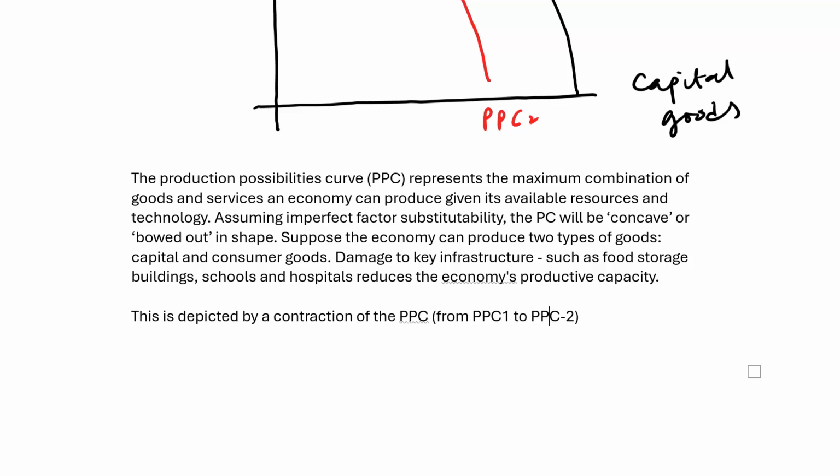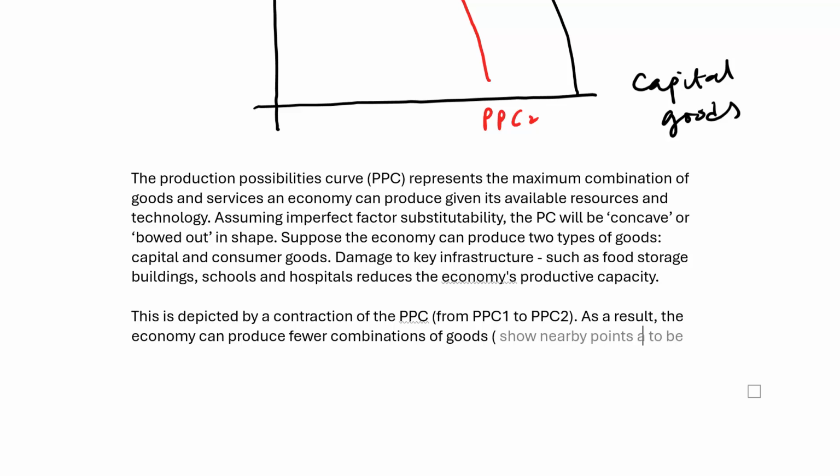As a result, the economy can produce fewer combinations of goods, shown by points A to B.